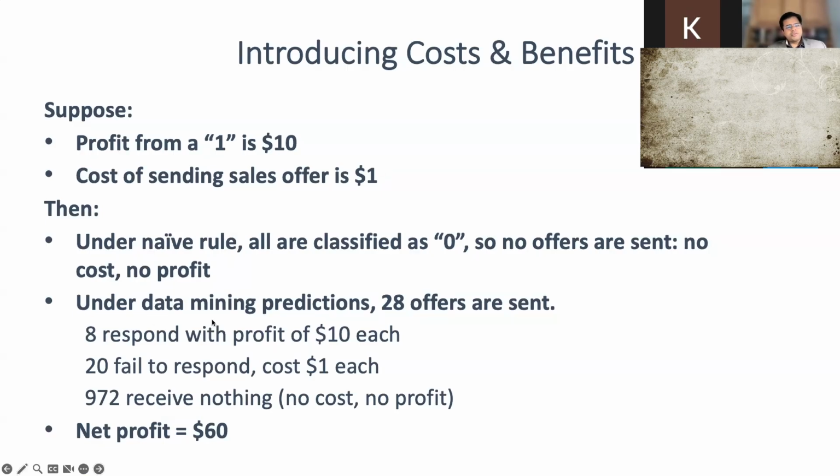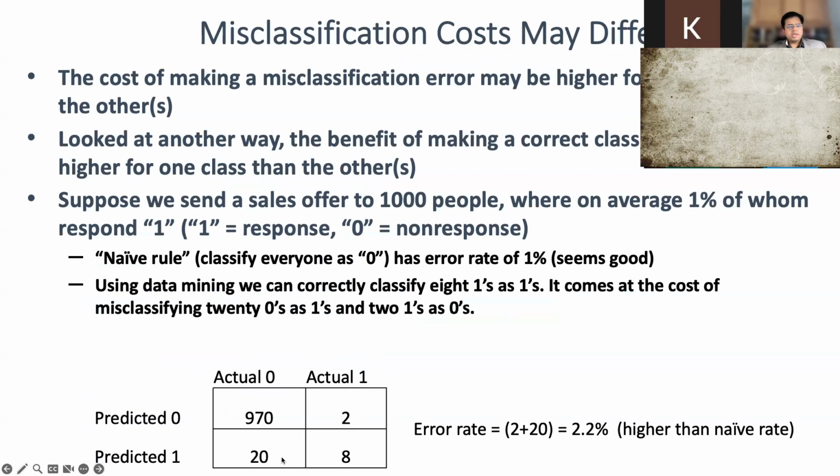On the other hand, if we were to use data mining predictions, what would happen is we go back to this model and we see that in the data mining model, we are predicting these 28 of them as our potential buyers. Now we know that 20 of them were incorrectly predicted as buyers, right?